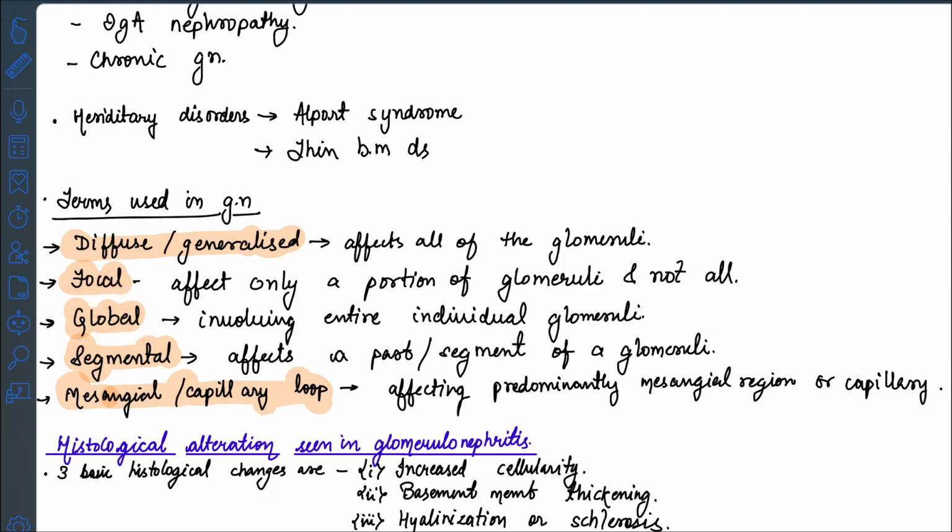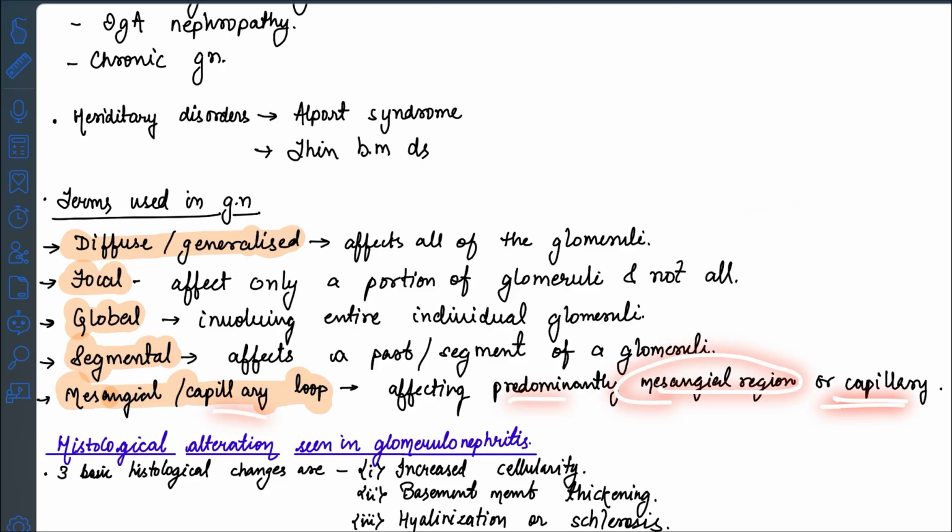The third is global. Now, here we'll be talking about individual glomeruli. Global means one glomerulus is entirely diseased, the whole glomerulus is affected, then you'll call it global. Segmental: whenever only one part of the glomerulus is affected, sorry for this bad diagram, suppose this is the only part which is affected, we'll call it segmental.